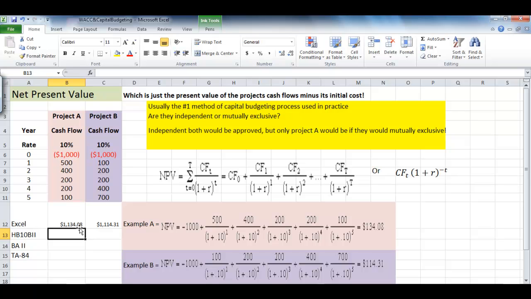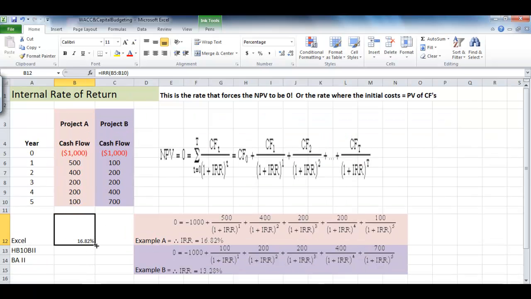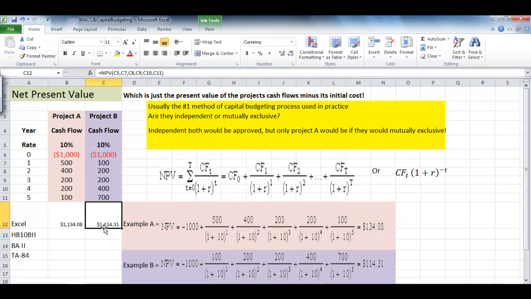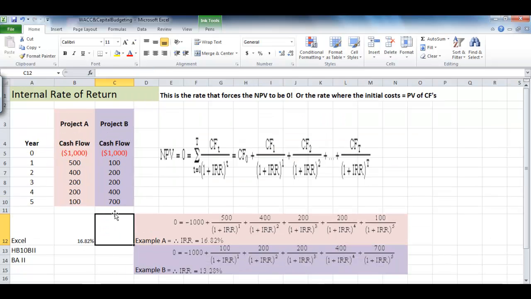Actually, it was $134 greater, and that $134.08 represents the difference between the 10% and, of course, the 16.82%. We also determined in the capital budgeting decision that this one returned less. Therefore, if this one returns less, however, still greater than 10% because it's greater than $1,000, we can go ahead and calculate that here as well.